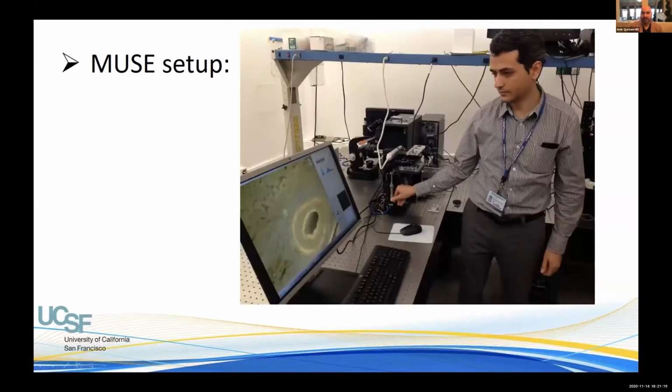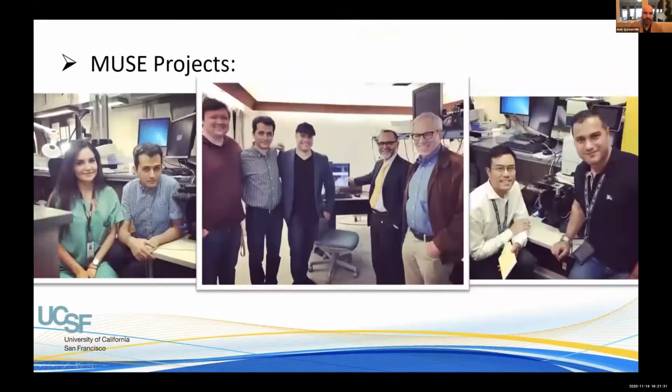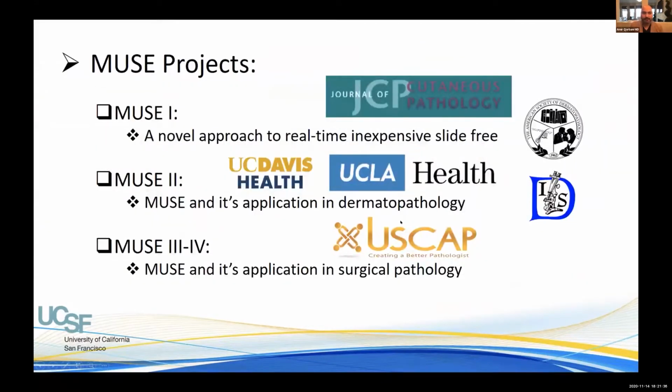For example, one of my colleagues, Dr. Farzad Fariduni, helped us take these pictures of a vessel wall. We put the tissue here, and you can see the tissue live. And here are other groups we worked with on Muse microscopy. We did about 4 projects over the last 4 or 5 years.